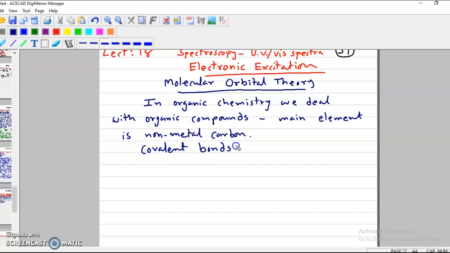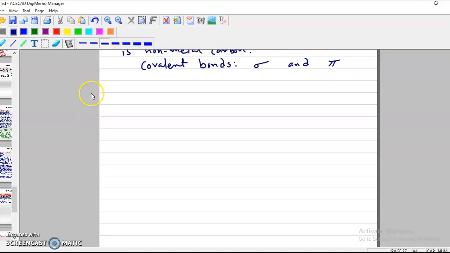Here we have to discuss mainly covalent bonds. There are two types of covalent bonds, sigma and pi. Now let us see how the sigma and pi bonds form according to molecular orbital theory. First of all, we will draw orbitals.